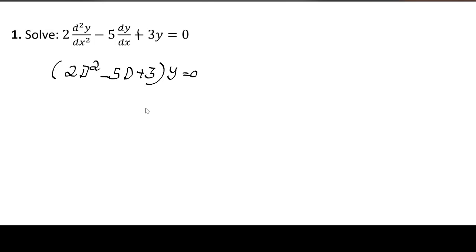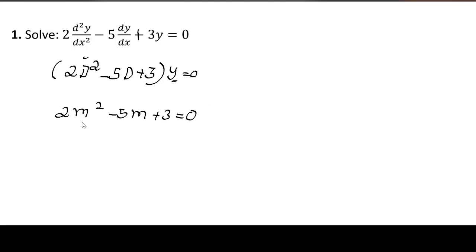Now to determine the roots, we have to write the auxiliary equation, that is 2m² − 5m + 3 = 0. I have replaced capital D with m and equated to 0, but remember we are not considering y.